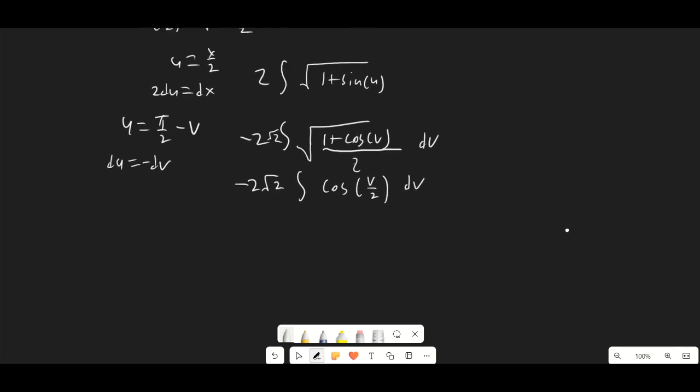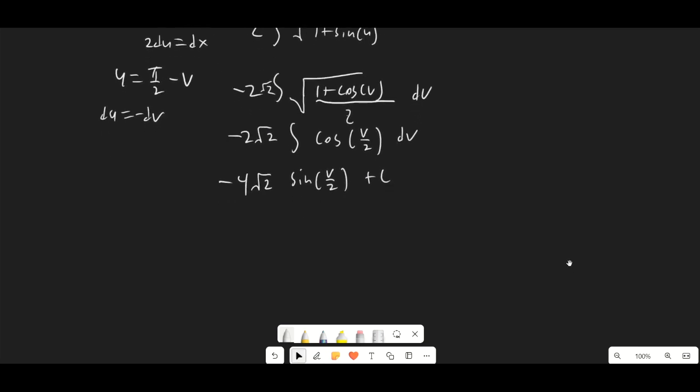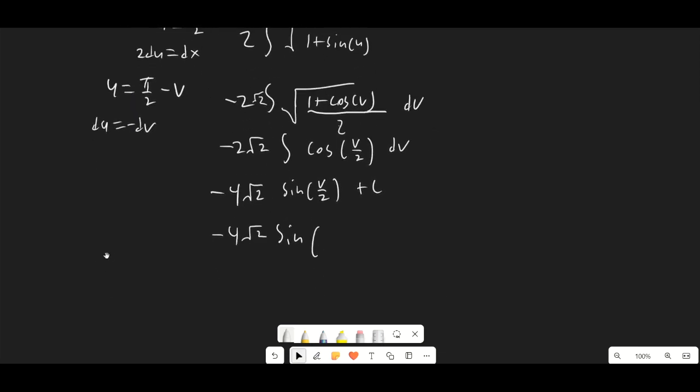Then integrating, we're going to get negative 4 root 2 sine of v over 2 plus c. And then now we just have to substitute everything back. So we're going to get negative 4 root 2 sine of, so this is going to be pi over 2 minus u, and then u was x over 2, so pi over 2 minus x over 2.